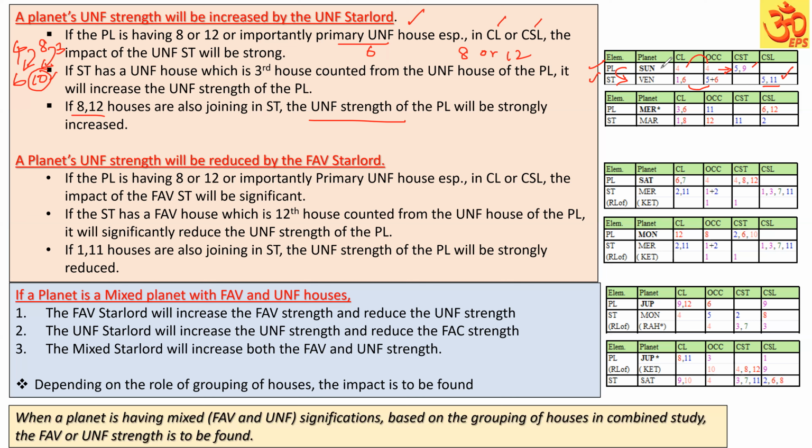But when you do the combined study, the 6 in the source planet is going to get enhanced by the 6th house. You understand? So 4th lord occupying the 4th house, 4 is becoming stronger. Now 4 is getting increased by the 6th house and 6th house.